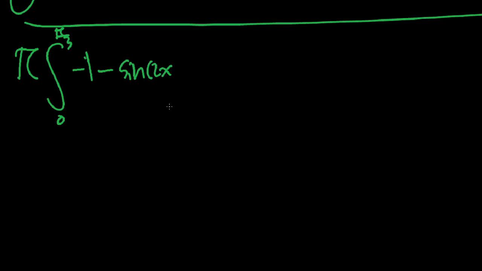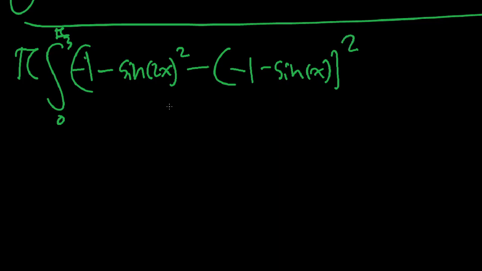So rewriting the actual correct integral, it would be the integral of (-1 minus sine of 2x) squared minus (-1 minus sine of x) squared dx.